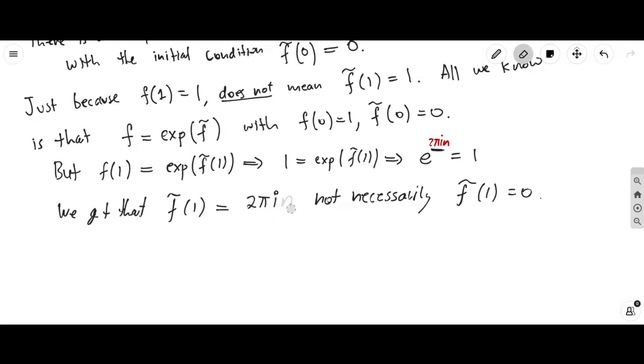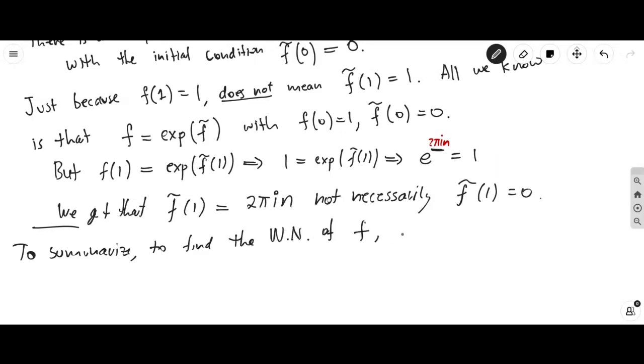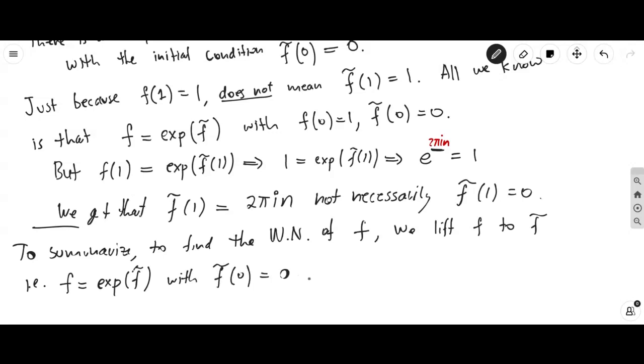And this is the number n that we call the winding number. So here's the way the winding number is defined. To summarize, to find the winding number of f, we lift f to f tilde. In other words, we write f as the exponential of something, with the initial condition that f tilde of 0 is 0.